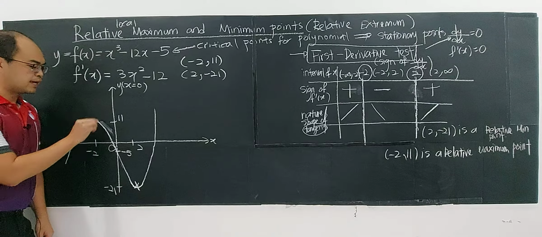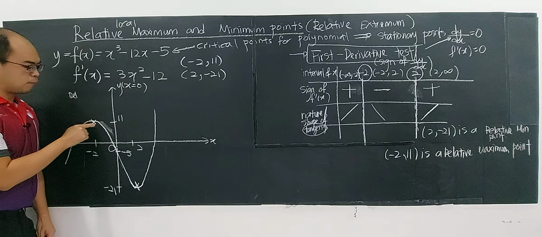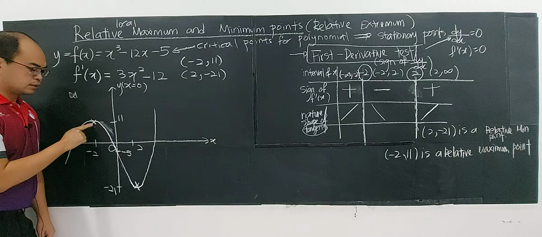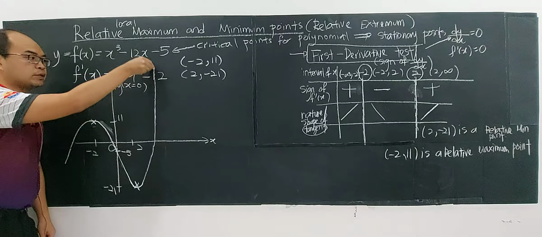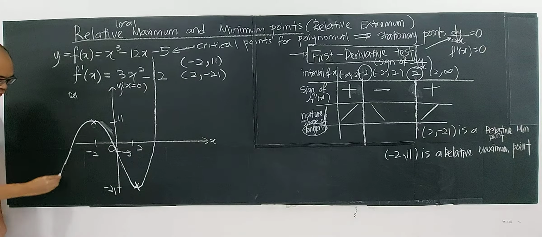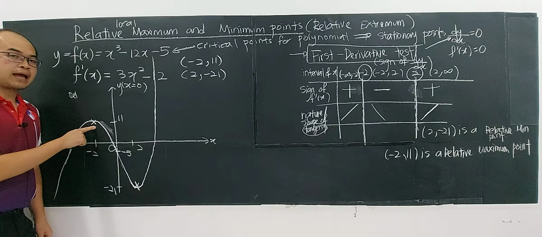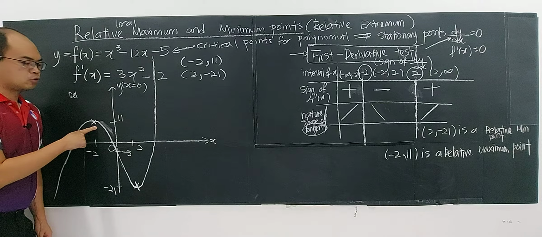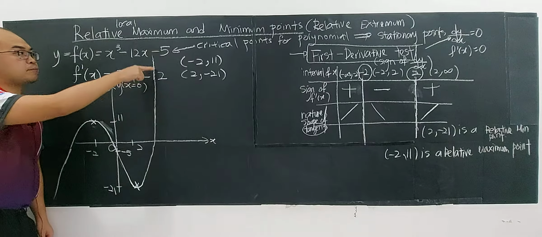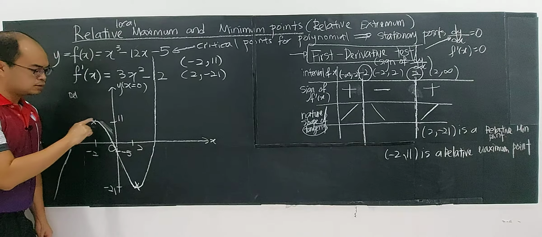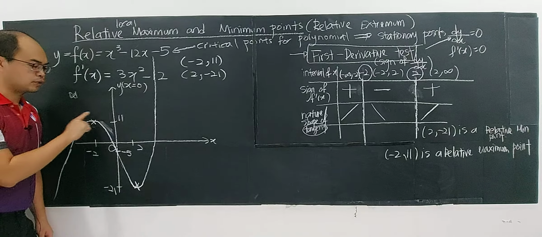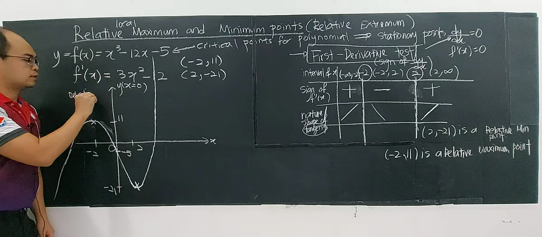So that's why we say relative. Compared to others, this point is considered maximum. But actually the graph can go beyond, to infinity. This is not the absolute maximum. It means there are even bigger values of y elsewhere, but for this region, this is considered the maximum. So we put the word relative.